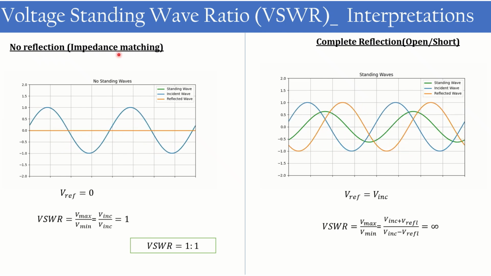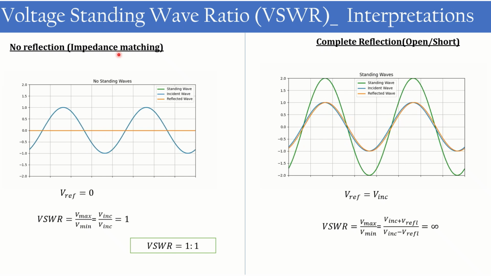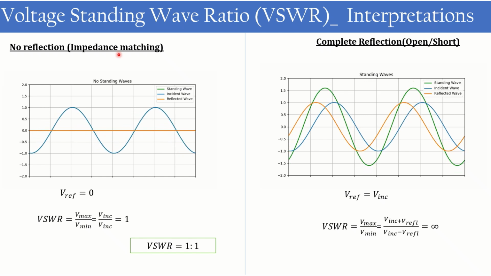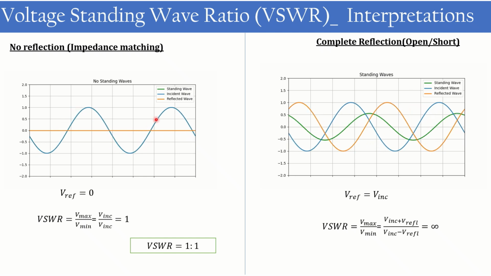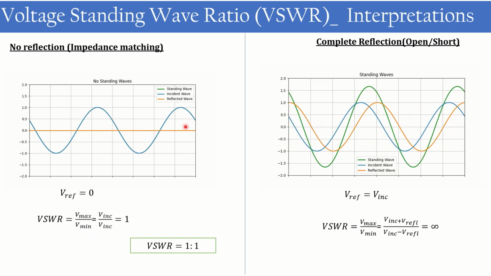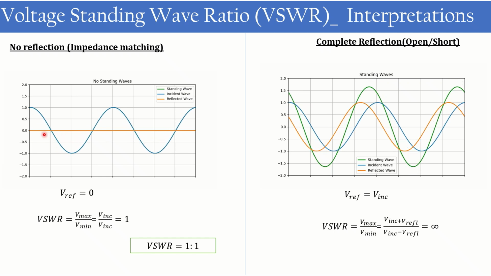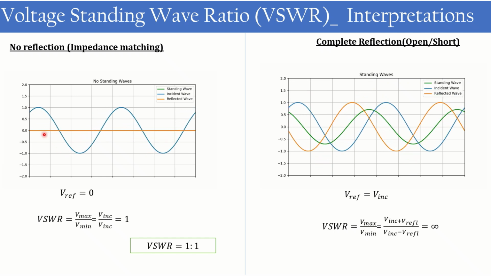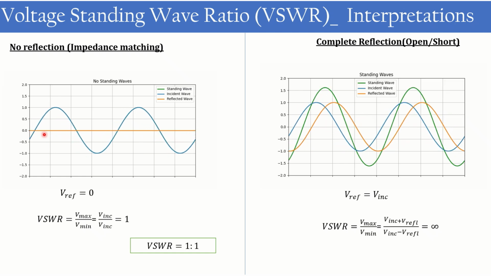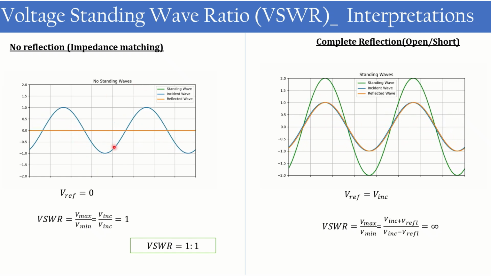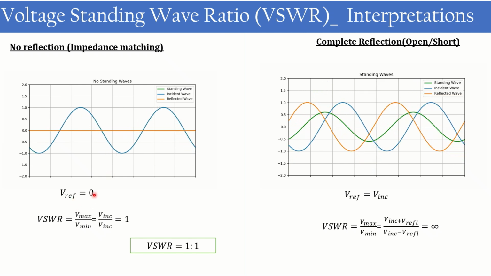Ideal case means whatever be the power feeding to the antenna, it is completely radiating and there is no reflection. So in that case, you can see that this is the input power or the feed power, and as there is no reflection, there won't be any standing wave, because standing waves are produced due to the interaction of incident and reflected wave. As there is no reflected wave here, no standing waves will be produced, so the reflected wave will be zero.